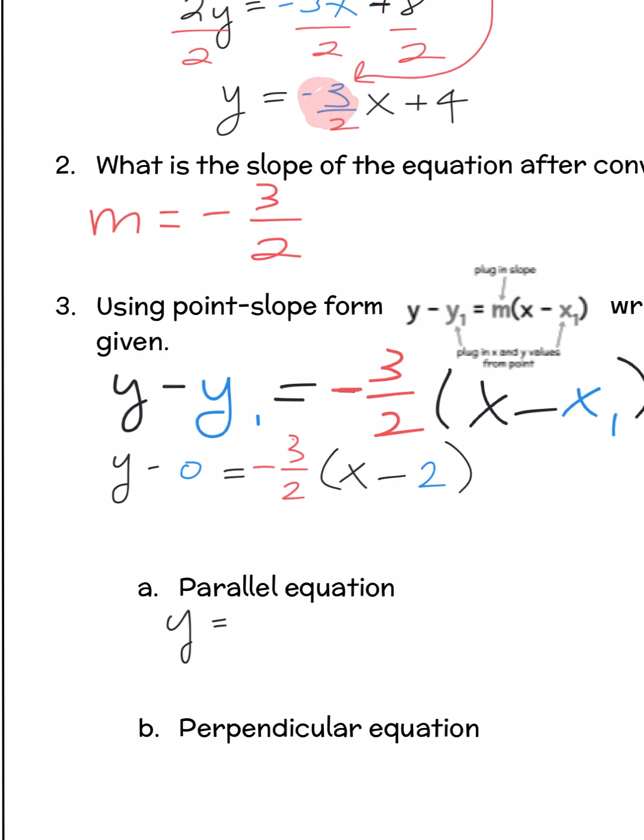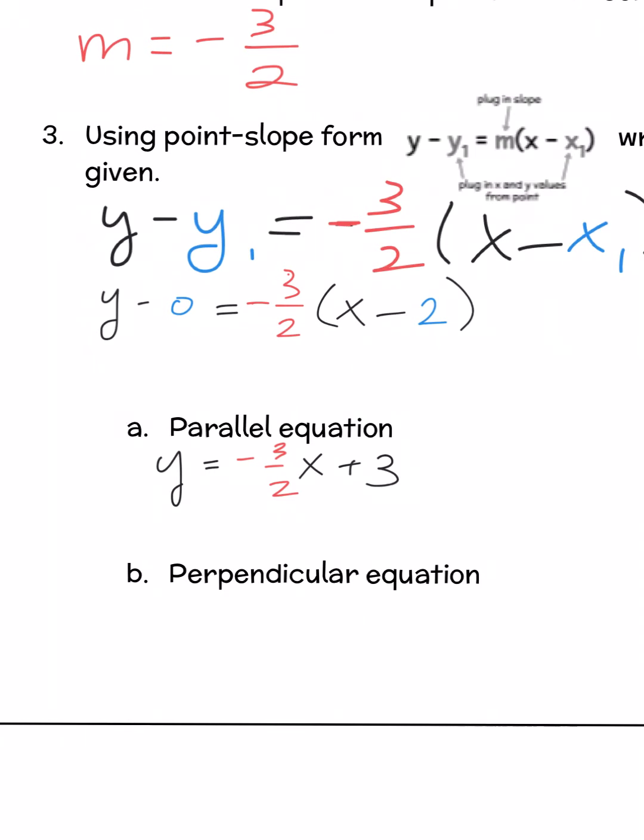And that equals negative 3 over 2 times x minus, now negative 3 times negative 2 is going to be a positive 6. Divided by 2 is going to give me a positive 3. So that's the parallel line equation.